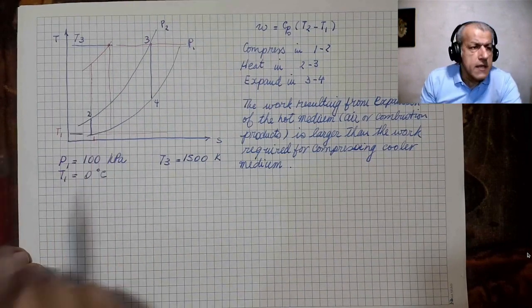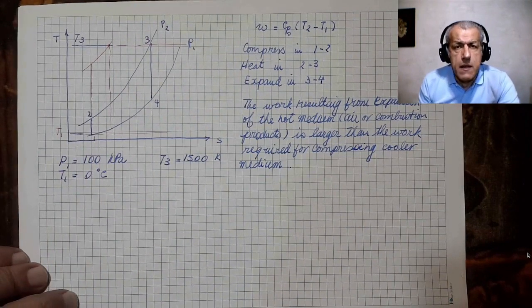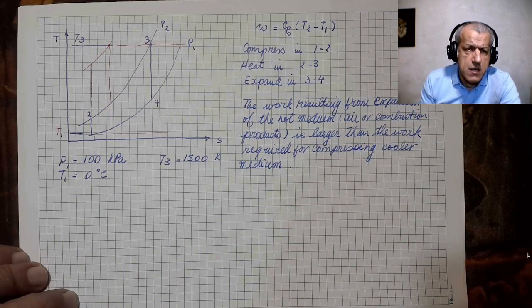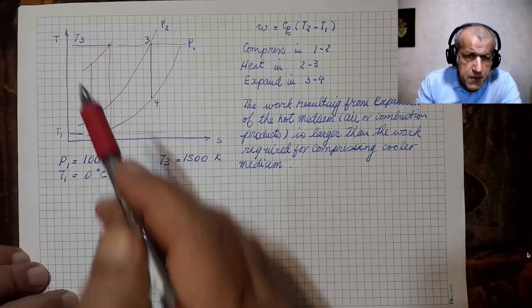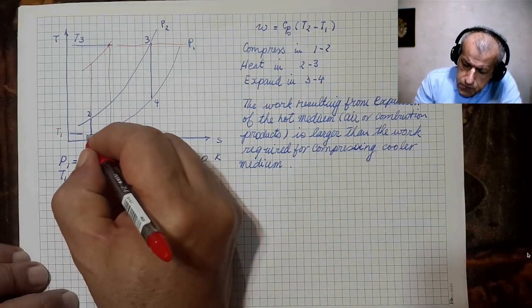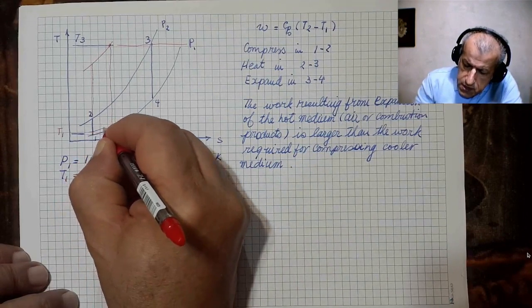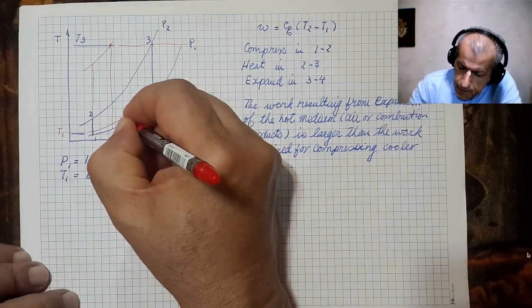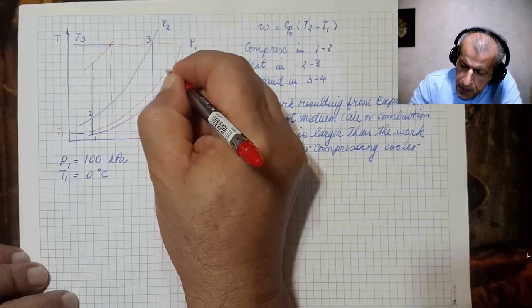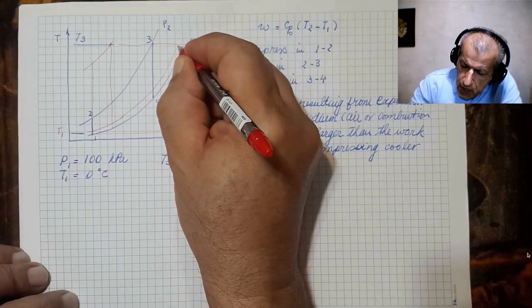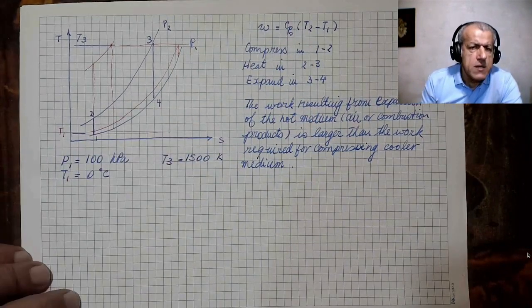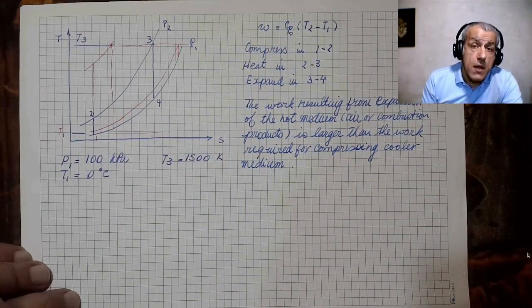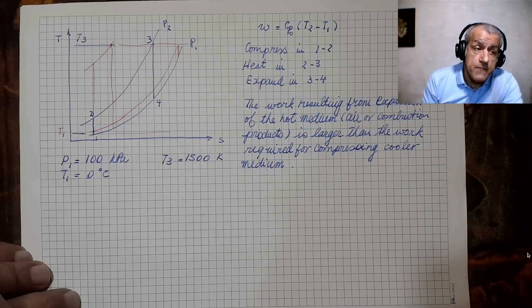Since these two lines are very close together, compression and expansion, not much useful work we would gain. On the other hand, if we don't compress it that much, it would be such a higher pressure, and this would be our expansion, and this would be our compression, and there would not be much useful work.